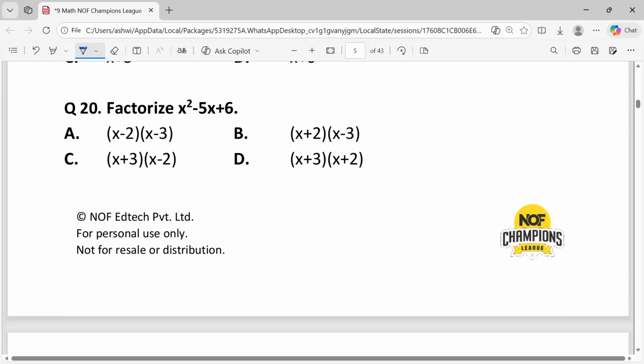Question 20. Factorize x square minus 5x plus 6. Find two numbers that multiply to 6 and add up to minus 5. These numbers are minus 2 and minus 3.